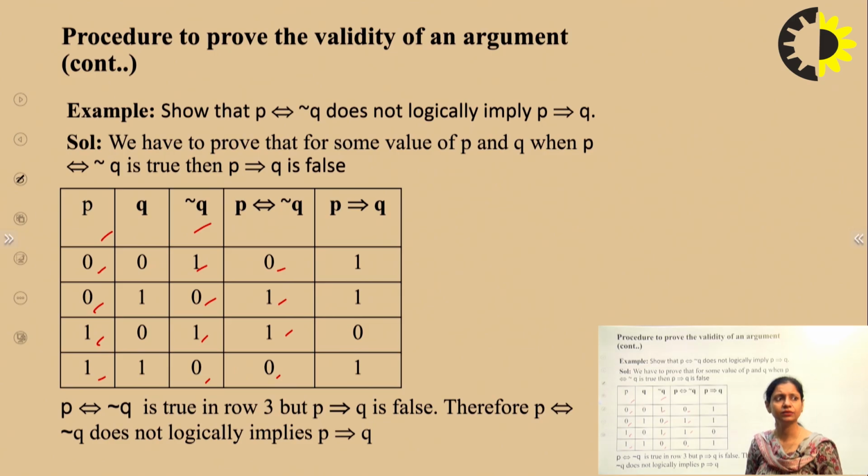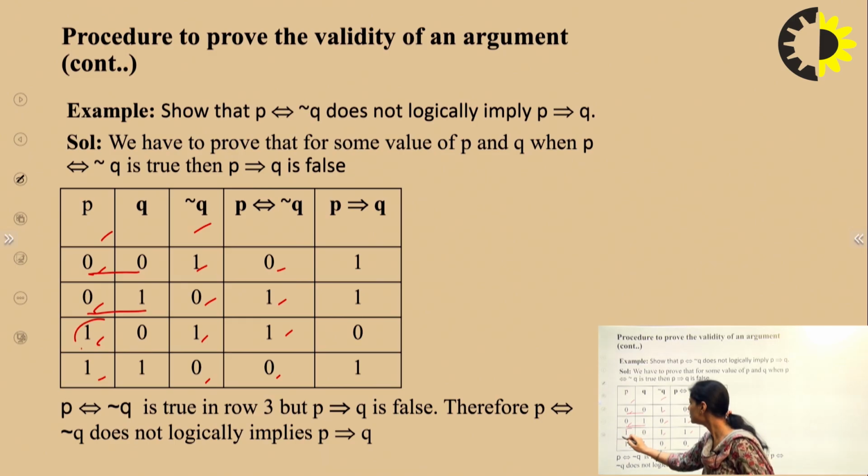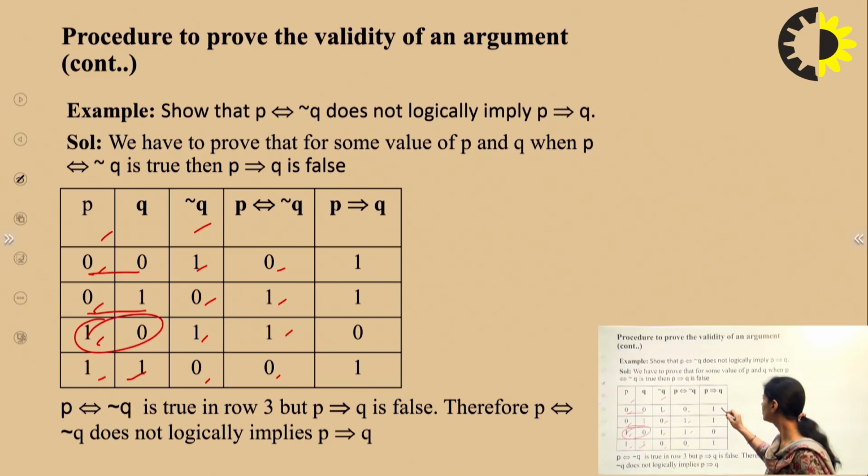Now P implies Q. When the condition is true and the result is false, we get the result as false. So, for P implies Q, this is true, this is true, this is false, and this is true. So, we have 1, 1, 0, 1. Now we need to check whether this logically implies or does not logically imply.